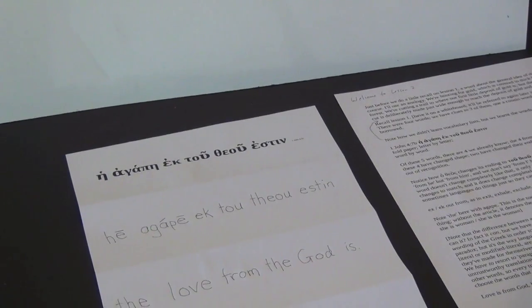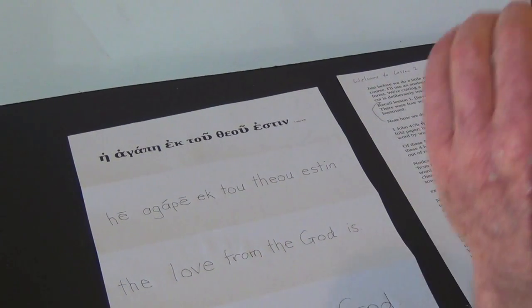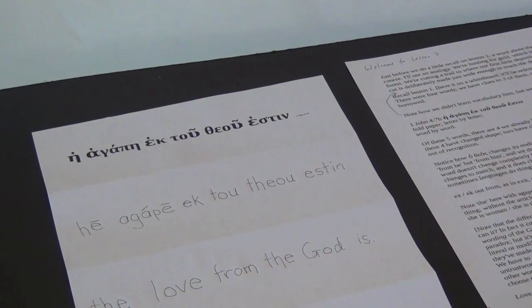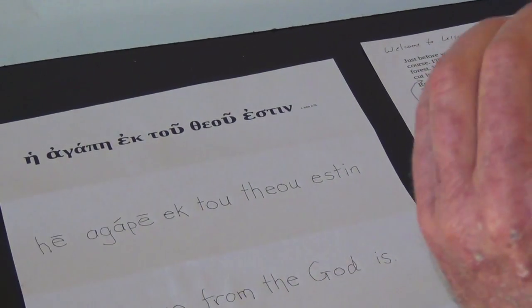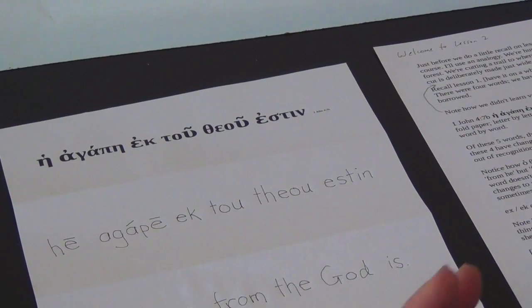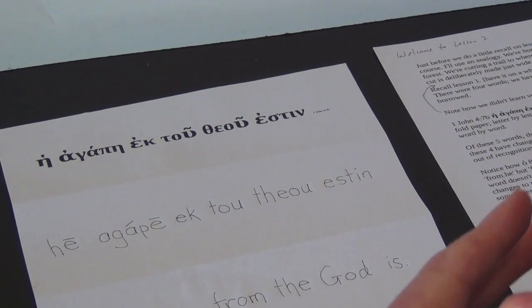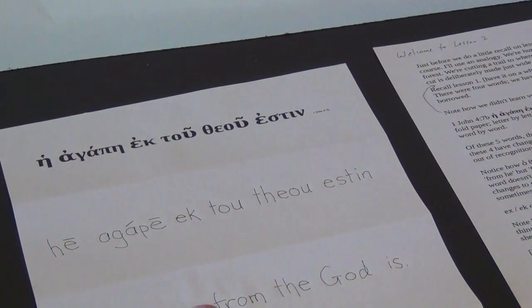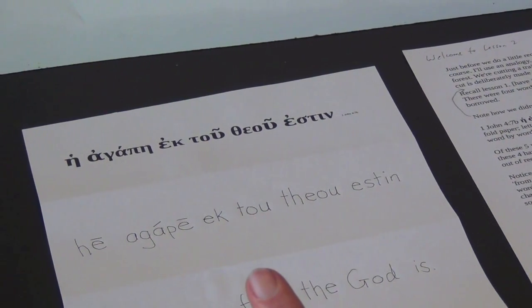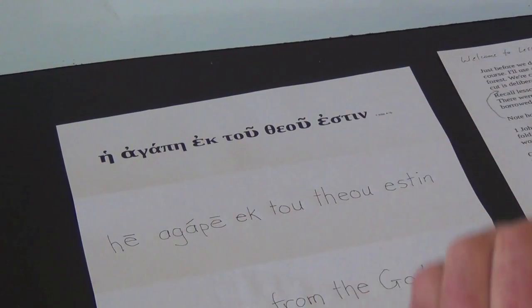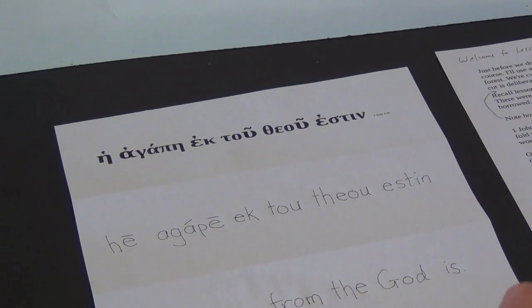It works in a similar way in English, except not for this word, because in English we always just say love. Well, occasionally we say the love, like we might say the love of a man for his wife, or the love of a woman for her husband. So we can put the, but it's used a little bit differently to how it's used in Greek.